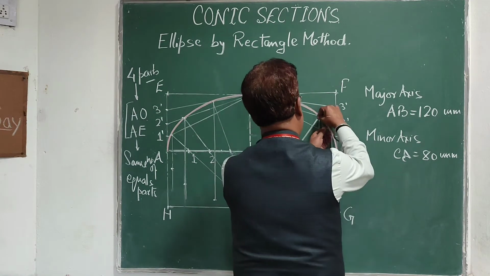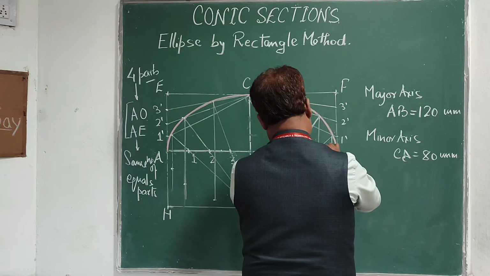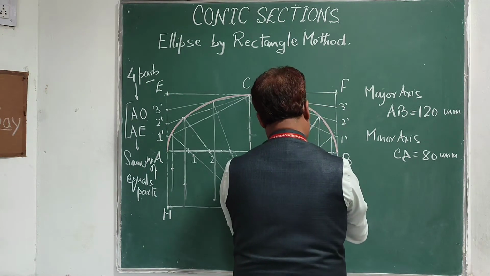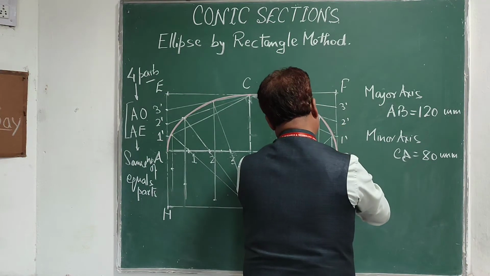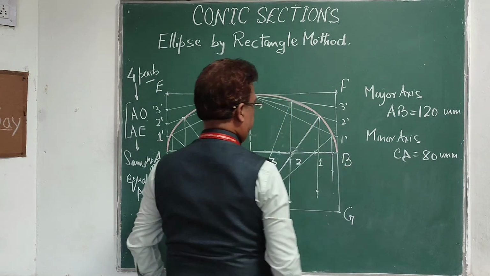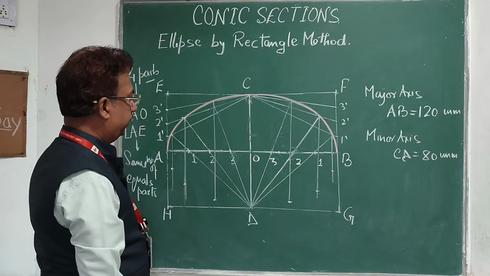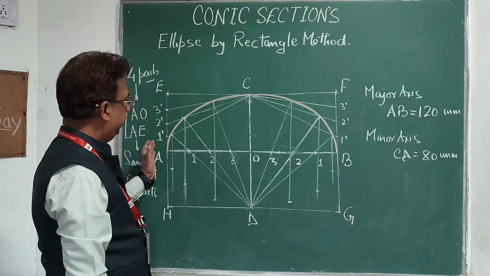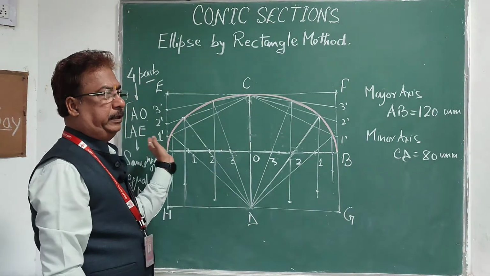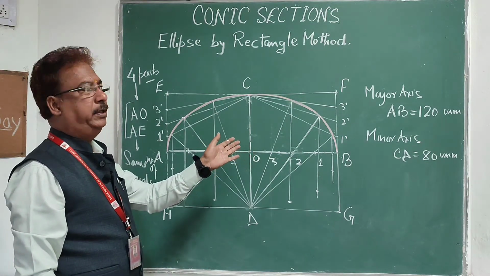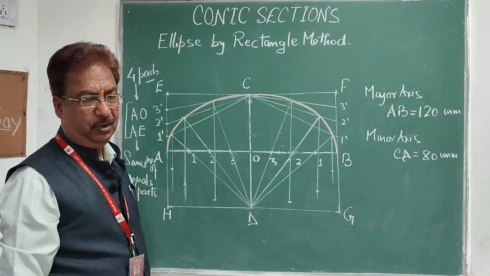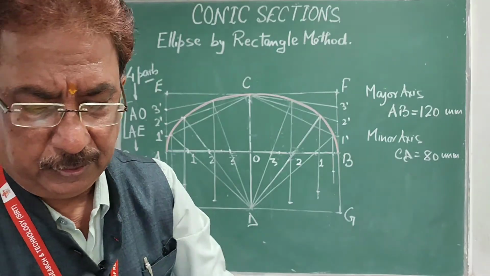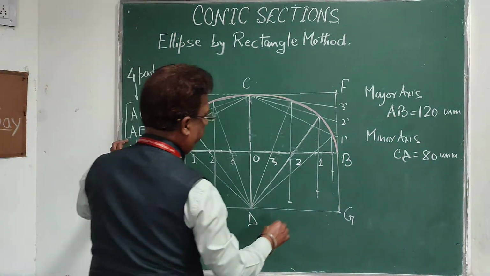This is one point, second point, and so twice I have used that method. Then just shifting perpendicular, even we can go in that side also, as you know that the curve will be similar on both sides of the major axis also, minor axis also. So I can easily get these points.